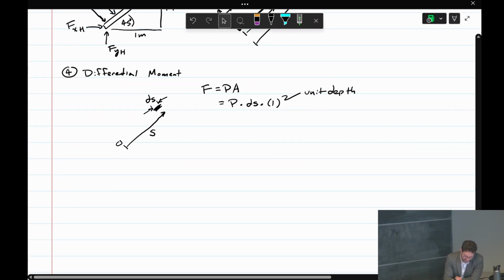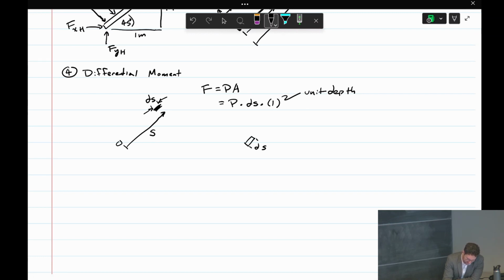I'm going to erase this, but just to make this clear, this is some differential element, ds, but into the page, something like that. So that distance there is 1. That's what the unit depth means. I'm looking at it head on. So that's why the area is ds times 1.